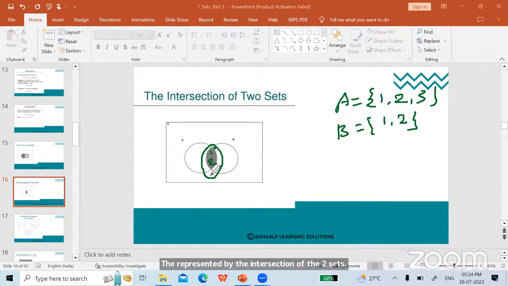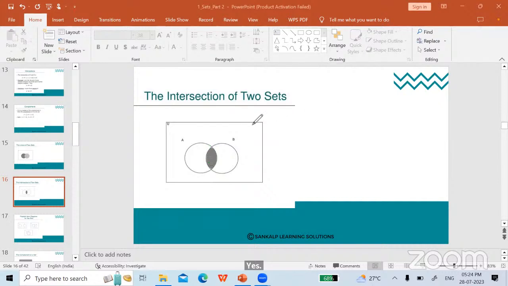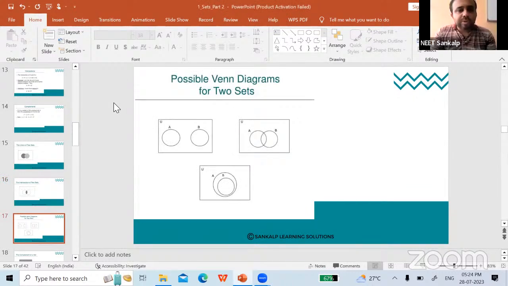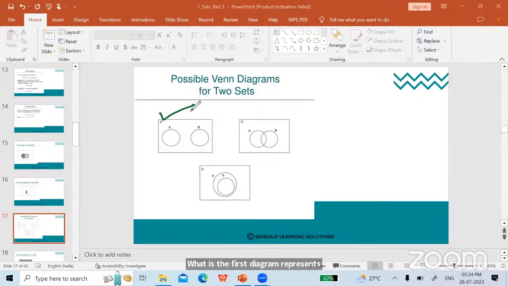Yes, sir. Okay, now, possible Venn diagrams. The first diagram, what does it represent? Can anyone answer? Disjoint set.